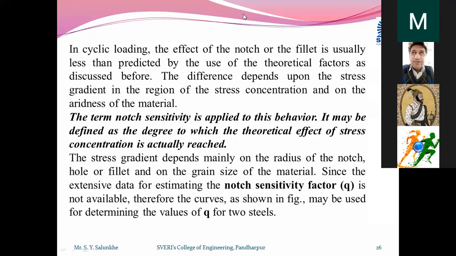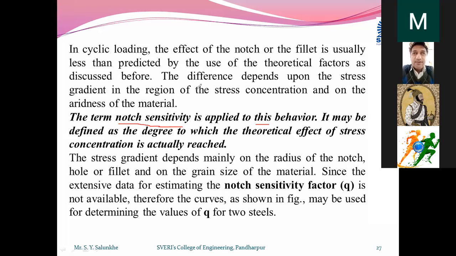Now, when we come to notch sensitivity, the term notch sensitivity is applied to this type of behavior. Which type of behavior? The behavior under fluctuating type of load. Under the application of fluctuating load, the stress concentration area will be affected more.